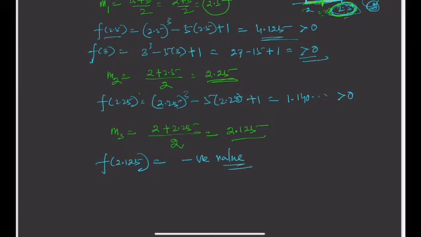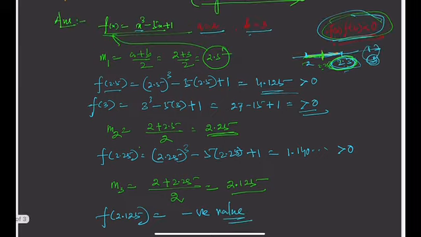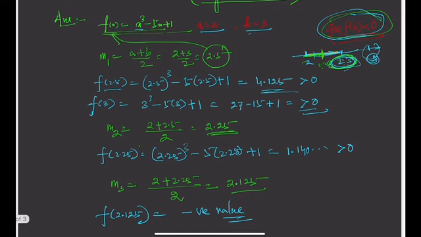Since this is a negative value, what is our first one here? This one will be 2.125. So f of 2 is negative, f of 2.125 is again negative, but here it is positive.